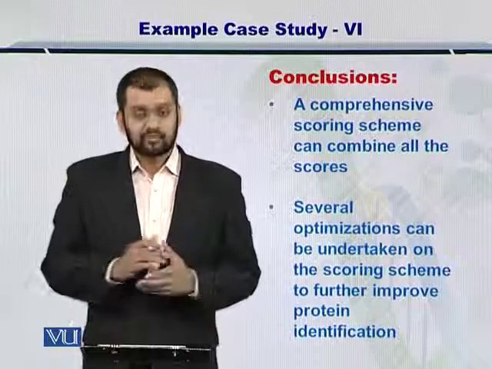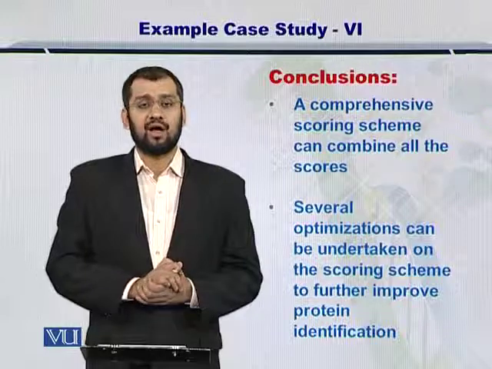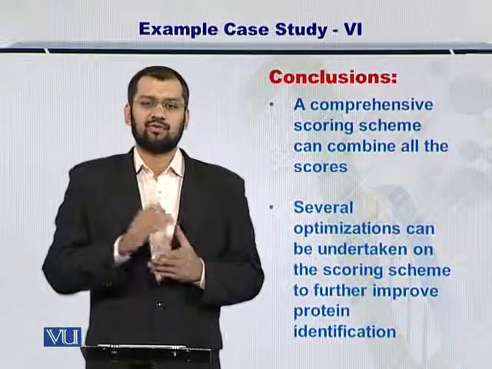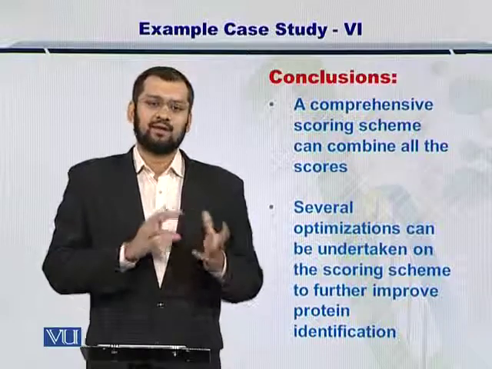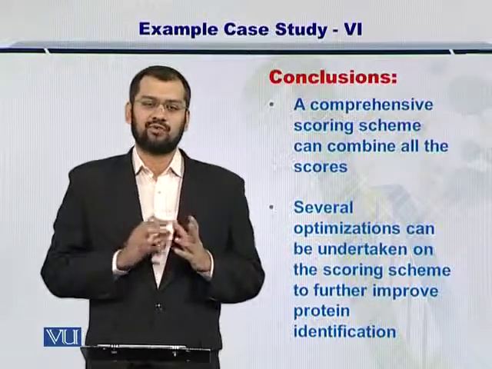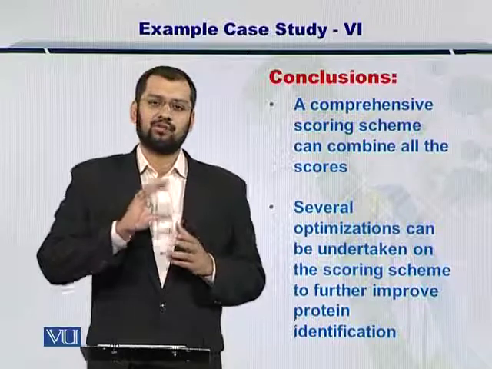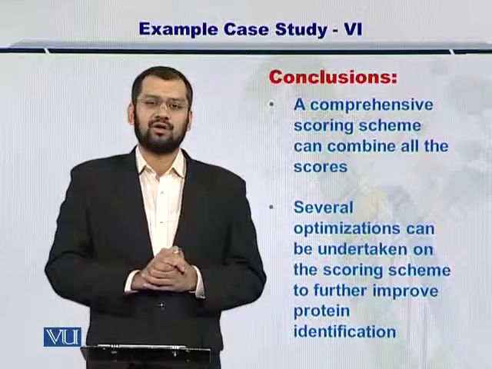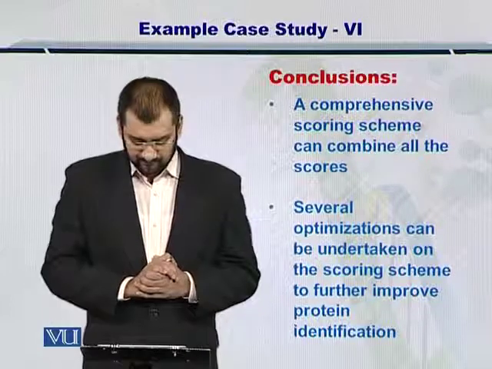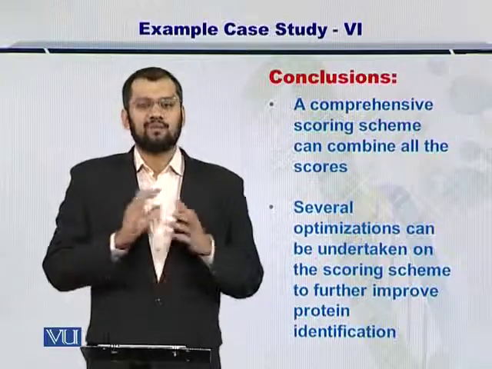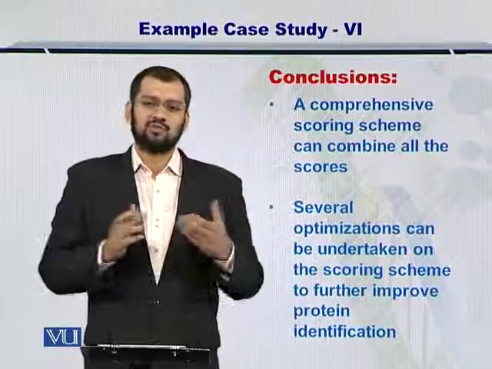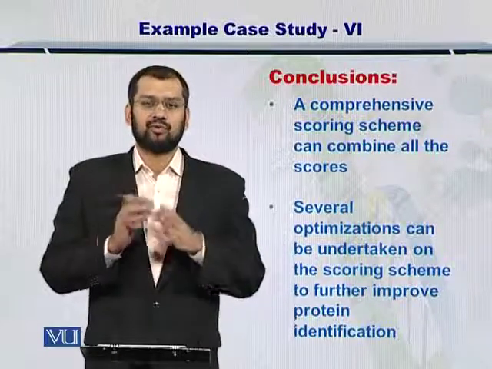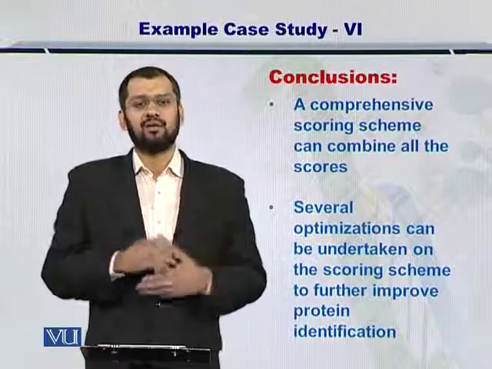So a comprehensive scoring scheme can therefore combine all of the scores that you generate during MS1, MS2, and so on, and that you can weigh each of the scores in order for it to be increased or decreased according to the quality of the spectra. Also, several optimization techniques exist which you can apply in order to determine W1, W2, and W3 and arrive at a better score.